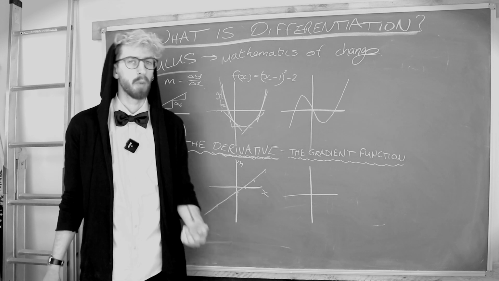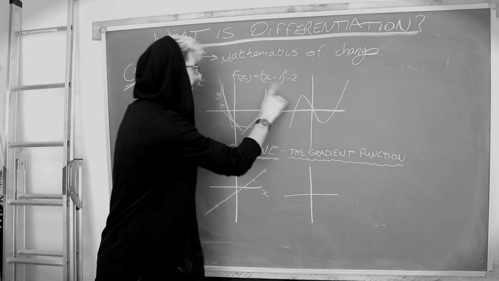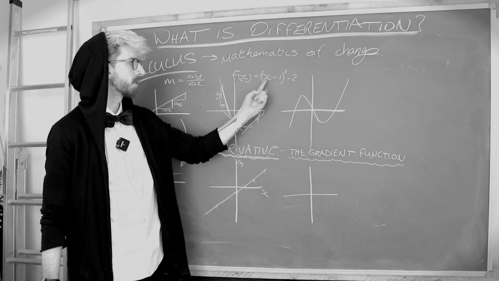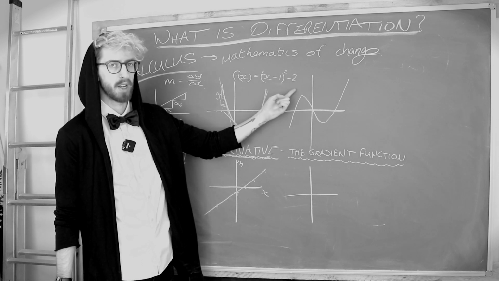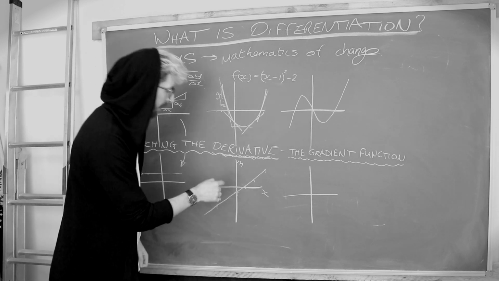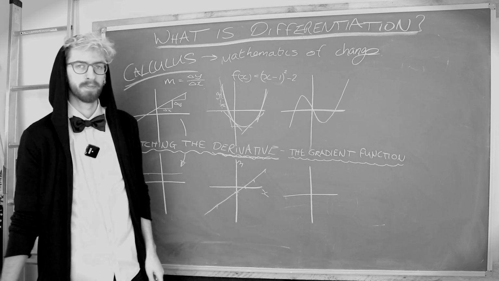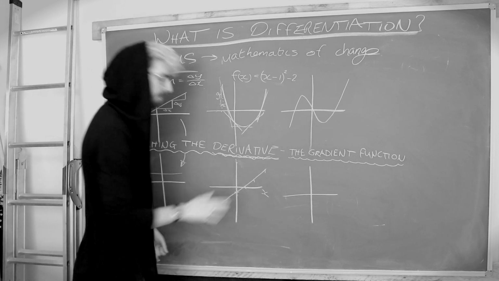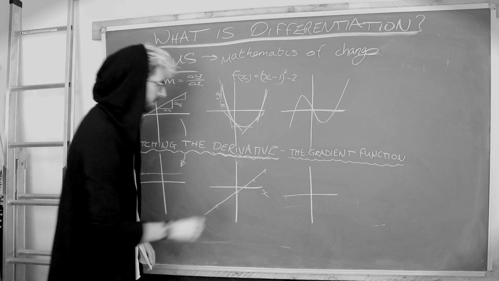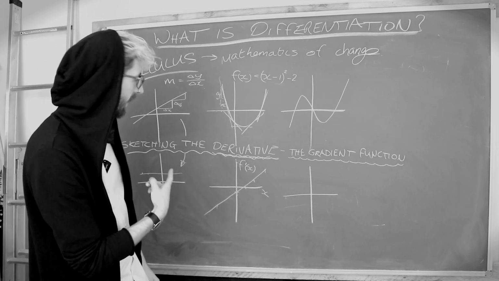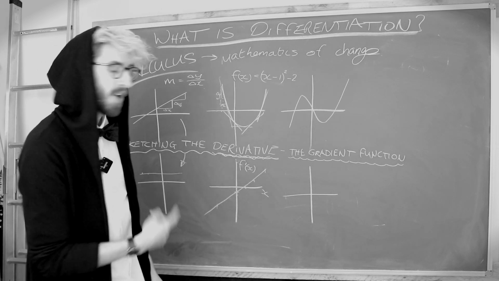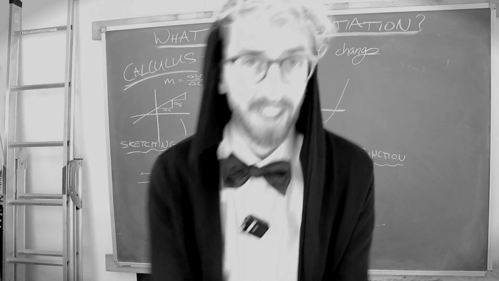I'm using my knowledge of where the vertex is and completing the square. If this was our function, x minus 1 squared minus 2, it's quadratic, then our gradient function is that. But we don't write an m anymore, we write this. Let's get a closer look at that.